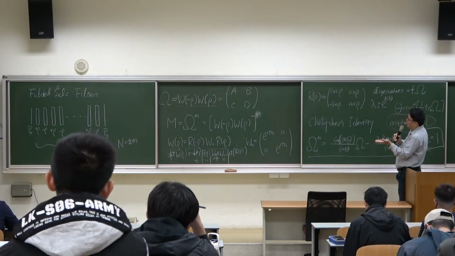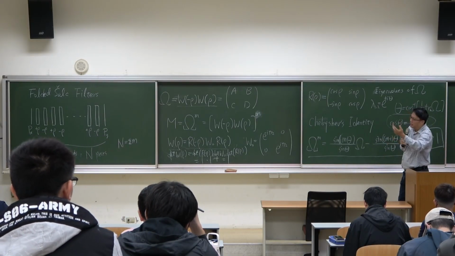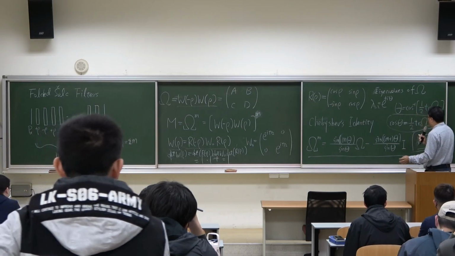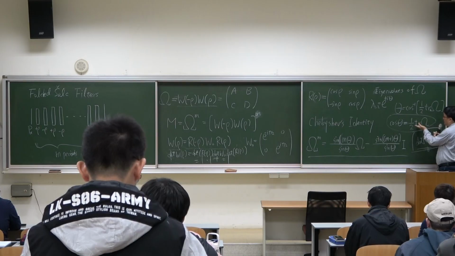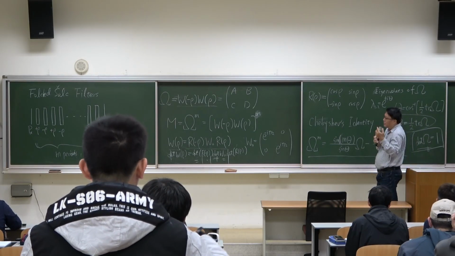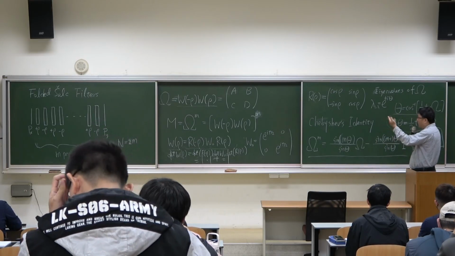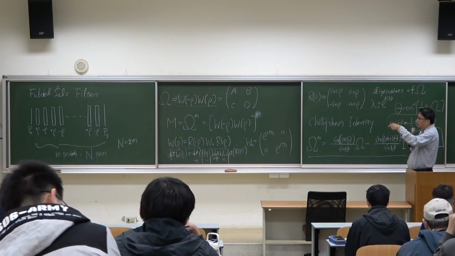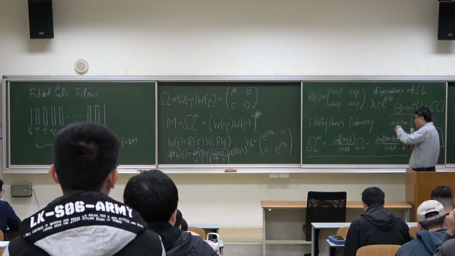Linear algebra tells us that the trace is invariant under similarity transformation, which means that the original trace of the matrix is equal to the sum of lambda 1 and lambda 2. So trace Omega is just equal to lambda 1 plus lambda 2.